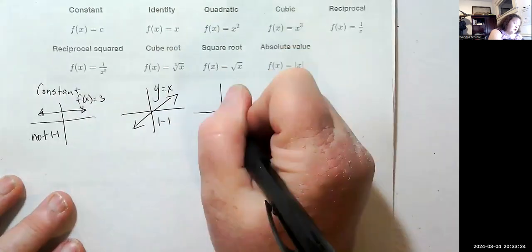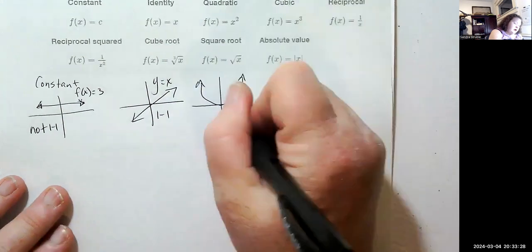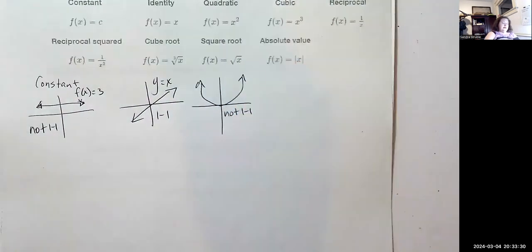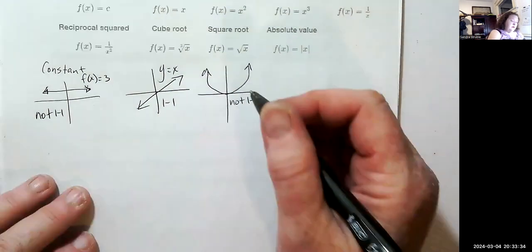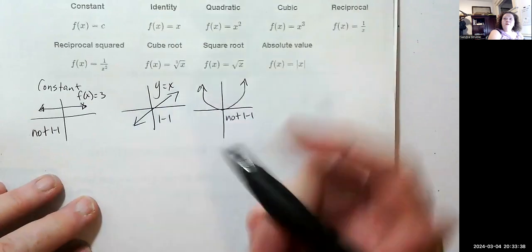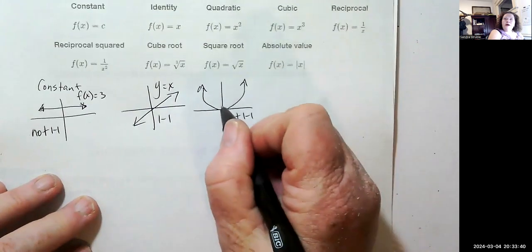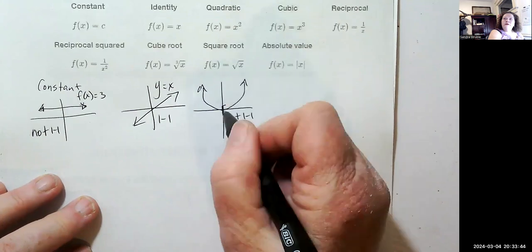Quadratic, they told us not to worry about it, but why wouldn't we? It's not one-to-one. It passes the vertical line test, but not the horizontal. Then we can restrict the quadratic by stopping it right here and only representing everything to the right.